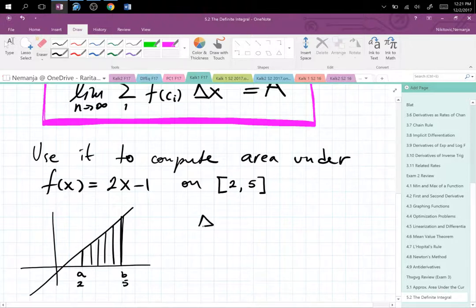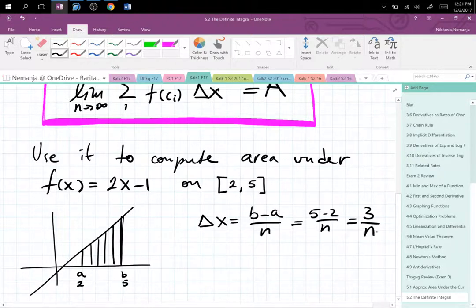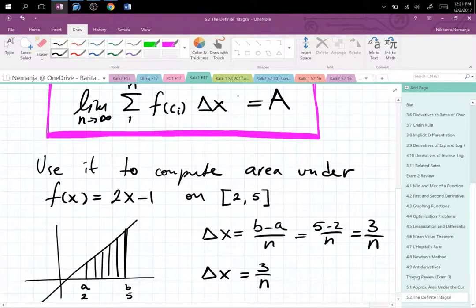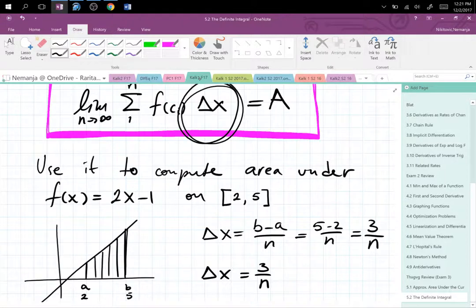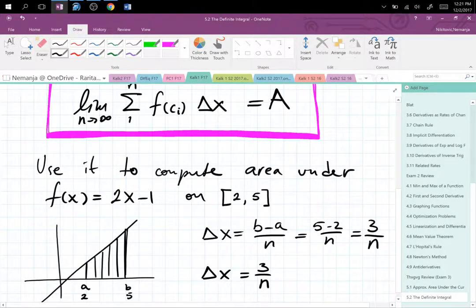And I can calculate delta x as b minus a over n, which is 5 minus 2 over n, which is 3 over n. Since I don't have n, I have to leave my delta x as 3 over n. And I'm happy that I have this 3 over n as delta x because that's one of the building blocks of my formula. So now we have what delta x is, 3 over n.